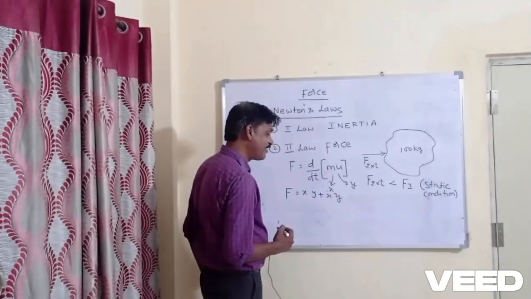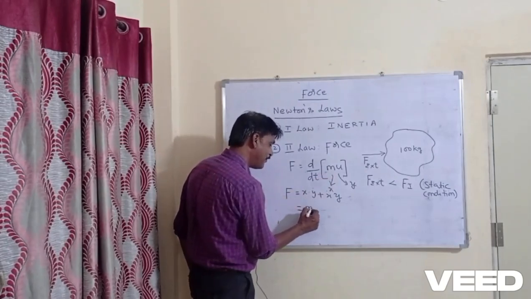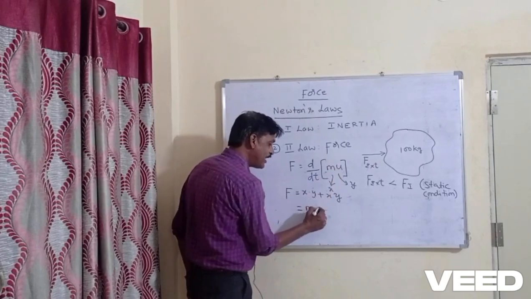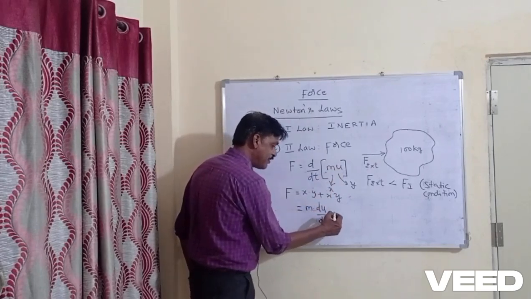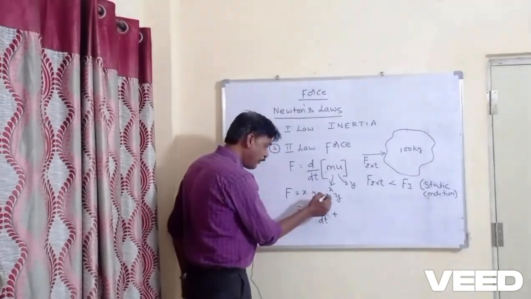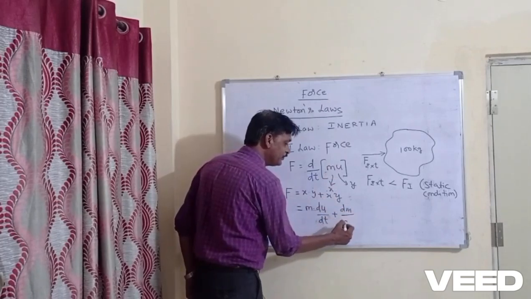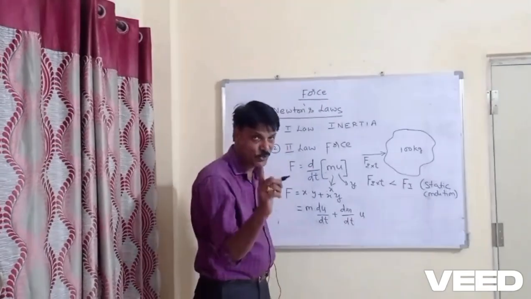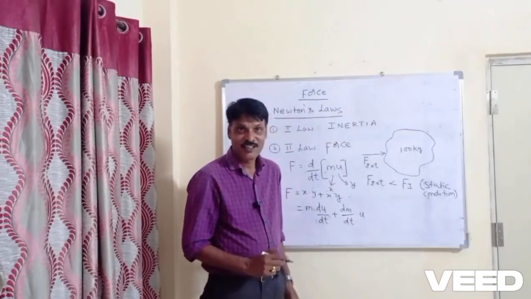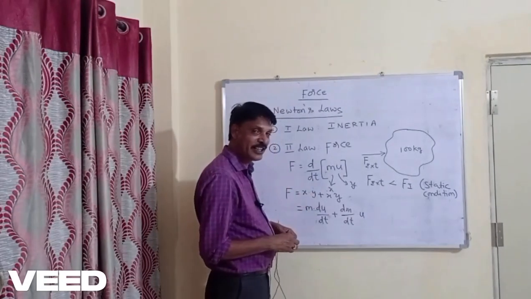Or in other words, x is nothing but m into the differential of the second, du by dt, plus the differential of the first function, dm by dt, into u. No textbook gives you this. In fact, you should always look at force in this particular way.